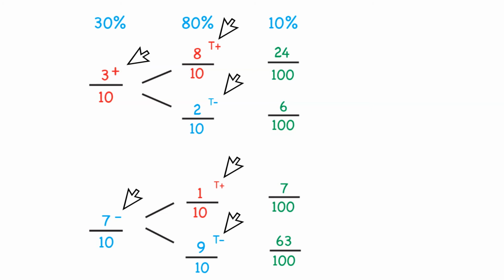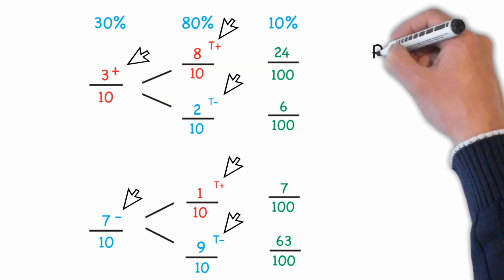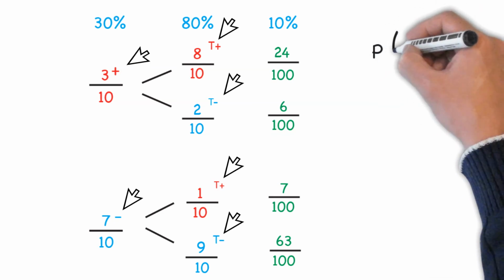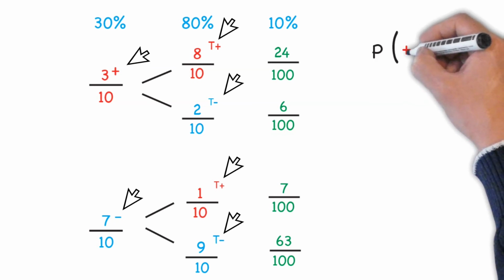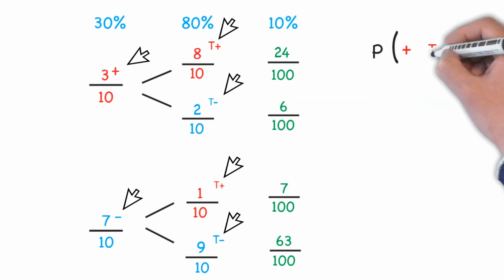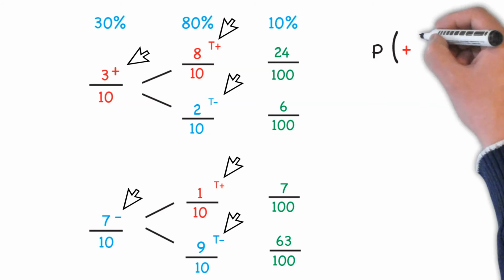But back to up here anyway, we are trying now to see what's the probability that you're positive given that you tested positive. Note that vertical line for given.